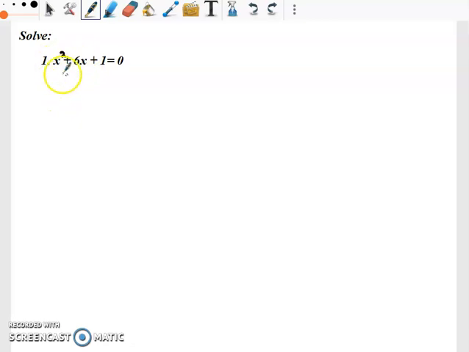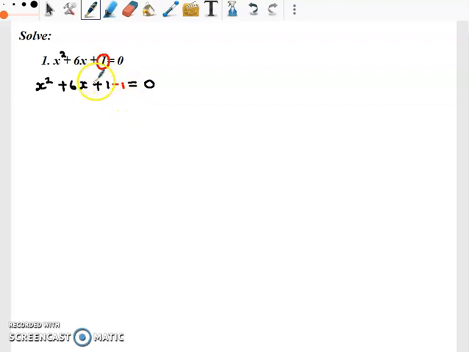The first thing you want to do in a case like this is to move your constant, which is the 1, to the other side of the equation. So x squared plus 6x plus 1 equals 0. I leave that space for a reason. In order to get rid of the positive 1, we subtract 1.